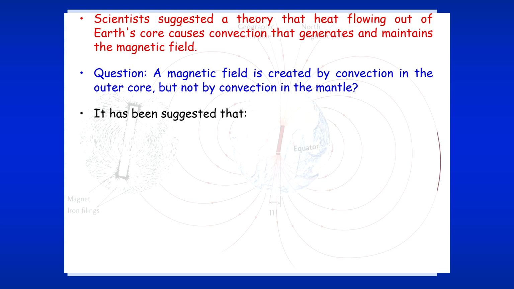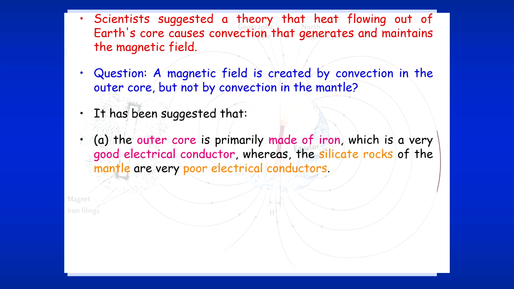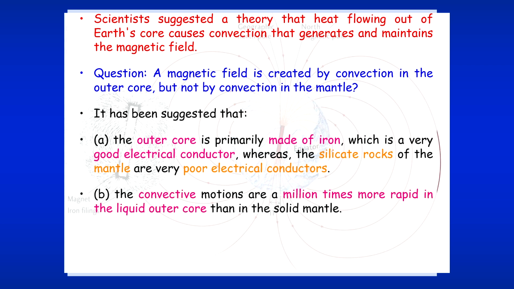It has been suggested that the outer core is primarily made up of iron, which is a very good electric conductor, whereas the silicate rocks close to the crust, in the upper mantle, are mostly made up of silicate rocks, which are poor electric conductors.